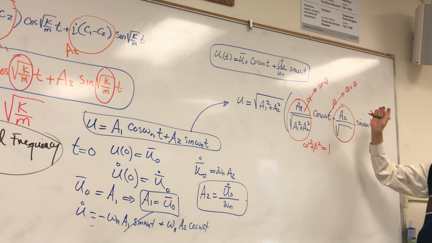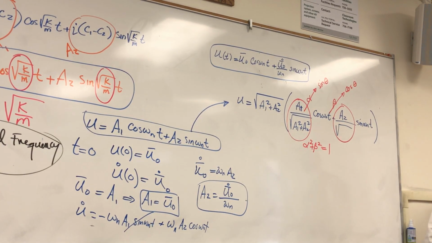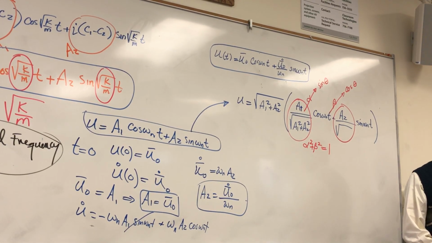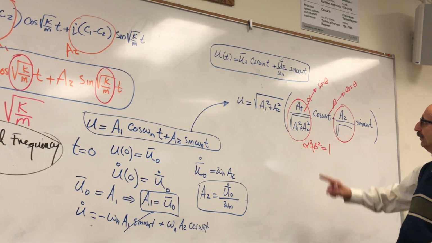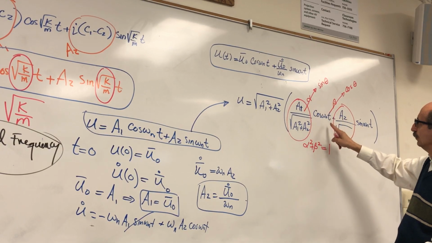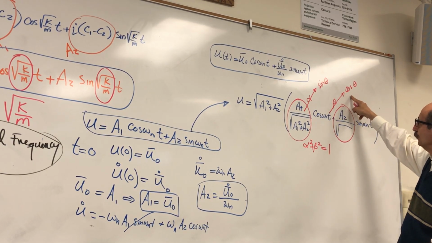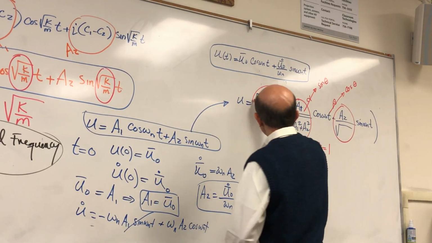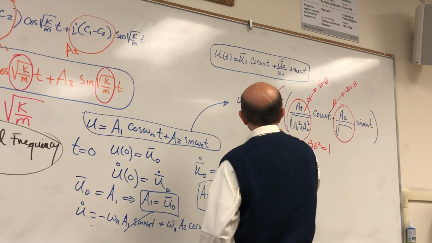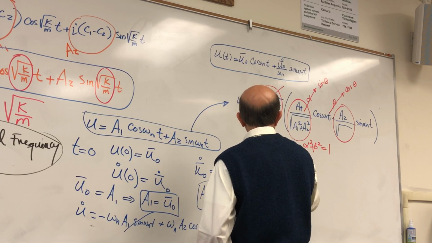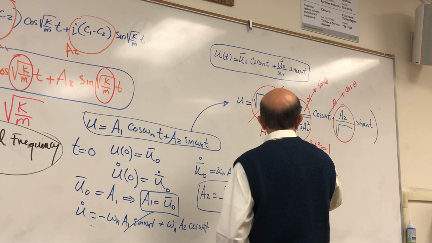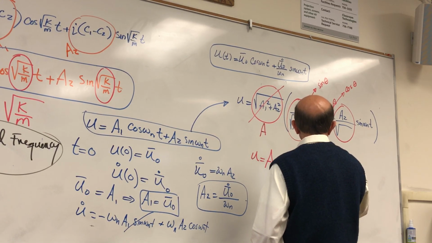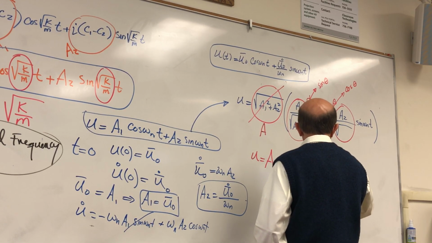Or it can be cosine and sine, it doesn't matter. So now remember the trig identities. Do you remember sine theta cosine something plus cosine theta sine something is what? If I call this A, I can write this u as A times sine of omega n t plus theta.